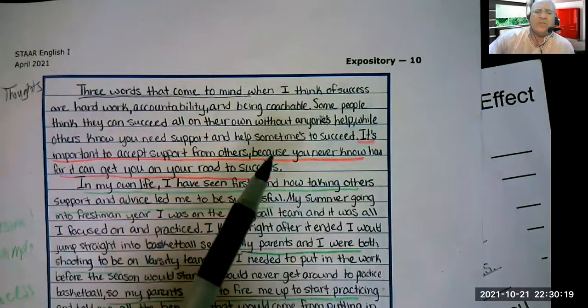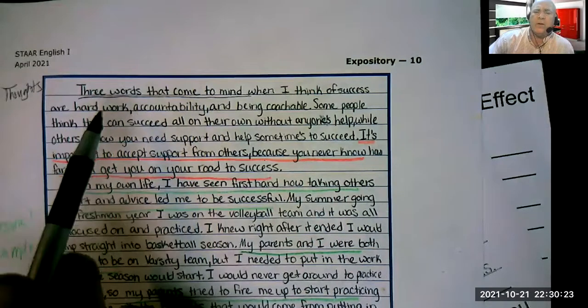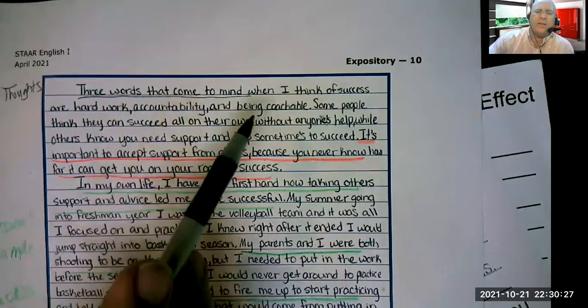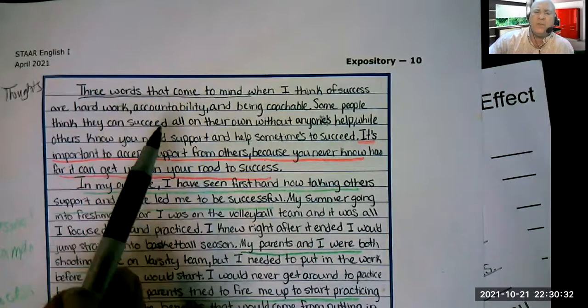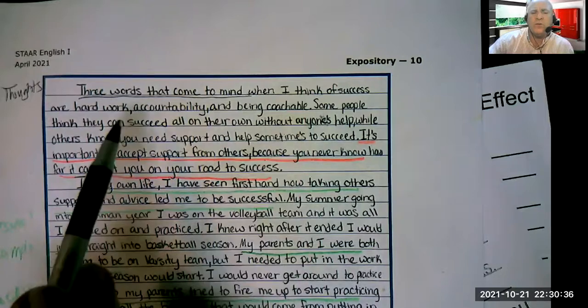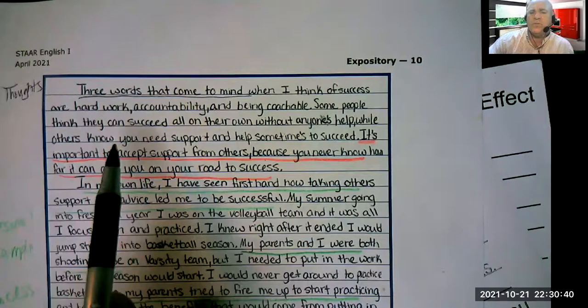When I think of success or hard work, accountability vocabulary, and being coachable vocabulary, some people think they can succeed all on their own without anyone's help. Okay, so giving another person's point of view, while others know you need support and help sometimes to succeed.